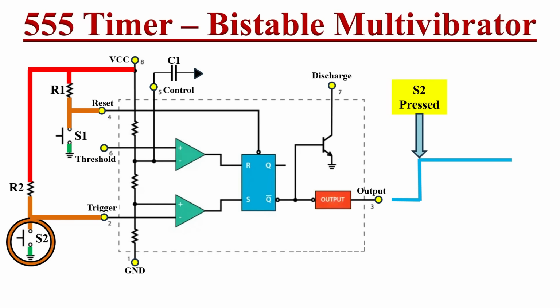The output stays at high level even after we release this switch S2. Now when we close the switch S1 for a momentary duration, the output switches back to logic low level. The output stays at the logic low state until and unless we again close the switch S2. Hence this circuit has two stable states. So it is working like a bistable multivibrator.